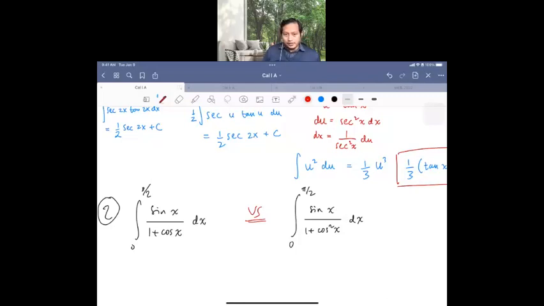Left or right? Or the same difficulty? Right? Okay.